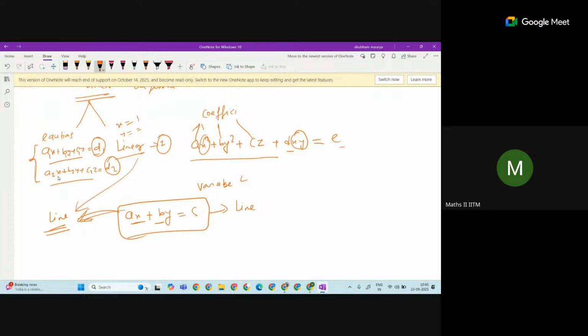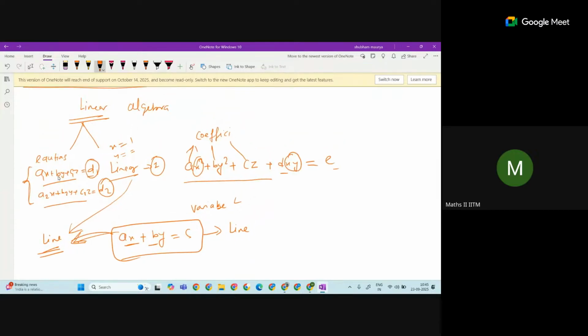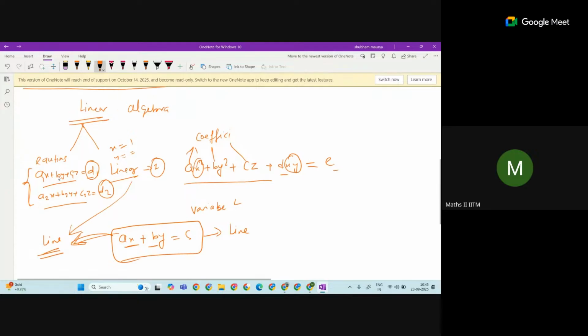Is this understood? What is a linear equation, what is a system, and we are solving it. So linear algebra came from here, and the second is a function. Like we have studied x square, x cube, these are generally called functions in layman terms.